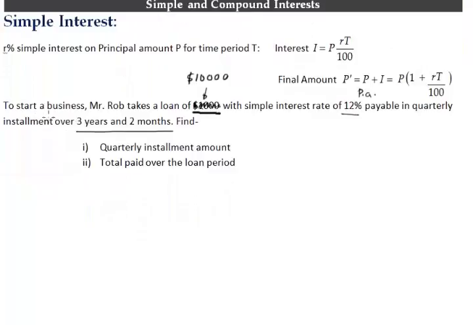So here Mr. Bob's initial loan amount, that is the principal amount P, is $10,000.